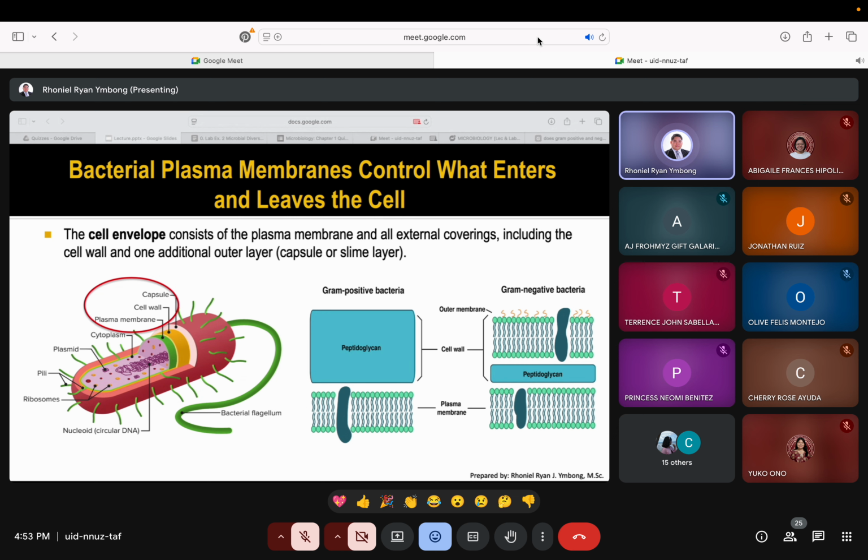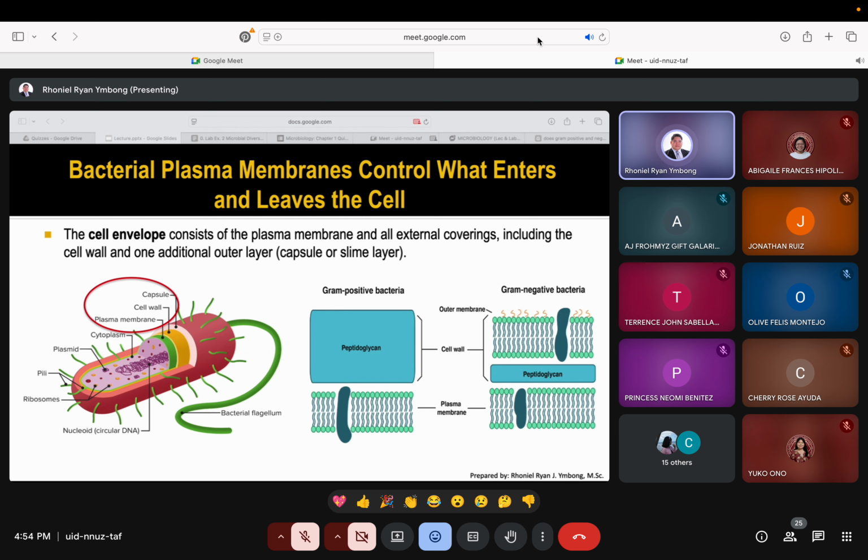Your gram-positive bacteria do not have the inner and outer membrane, in comparison with your gram-negative bacteria, which have two plasma membranes: the outer membrane and the inner membrane.